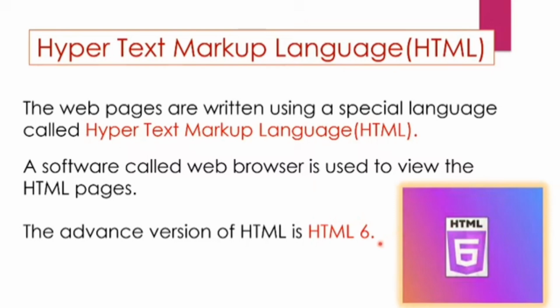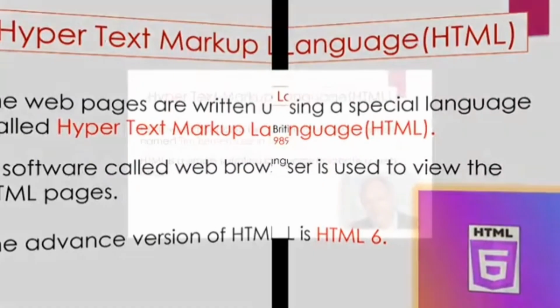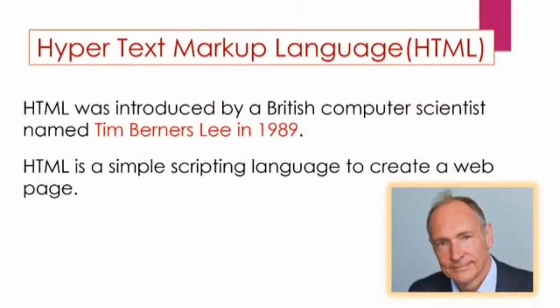The advanced version of HTML is HTML5. Hypertext markup language was introduced by a British computer scientist named Tim Berners-Lee in 1989. HTML is a simple scripting language to create a web page.